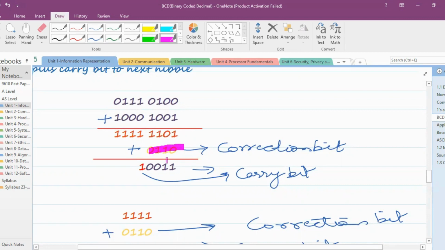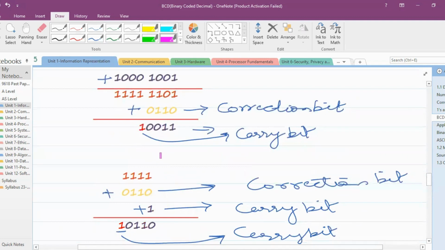So we add this, and whatever result we get, if we have a carry bit, we'll add this carry bit to the next value, right? Now, because the next value is also incorrect, it is 15 and it is not acceptable in BCD, we will again add a correction bit to this value, plus we will add the carry bit to that.